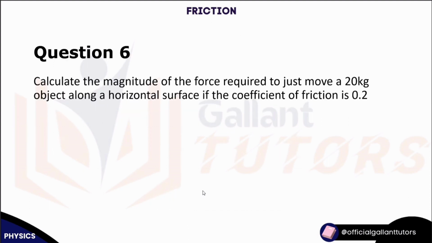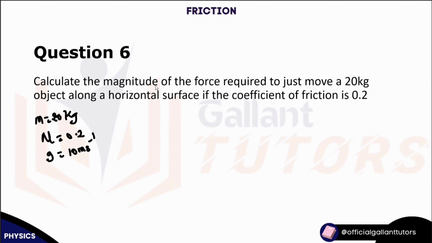Alright. Question 6. We're told to calculate the magnitude of the force required to move a 20 kg object. So mass is equal to 20 kg, along a horizontal surface if the coefficient of friction is 0.2. So coefficient of friction is 0.2, and g is equal to 10 meter per second squared.